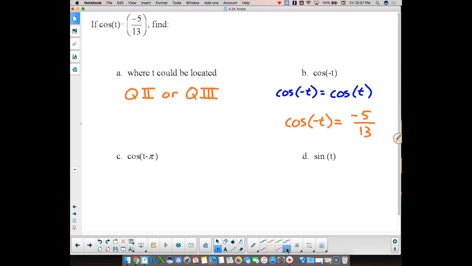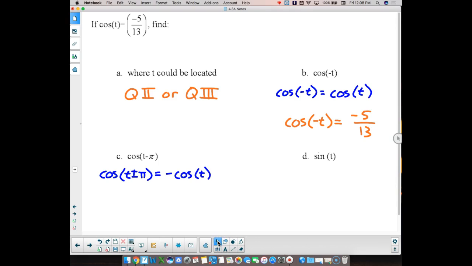Cosine of t minus pi. Well, we just learned that the cosine of t plus or minus pi was equal to what? Negative cosine of t. Here I'm subtracting pi. That would fall into this category. That's a bad plus. OCD's kicking in. We won't even go into the fact that it's off kilter.